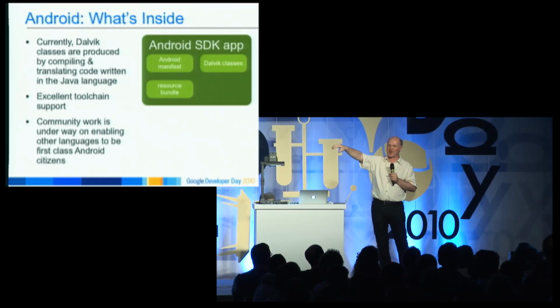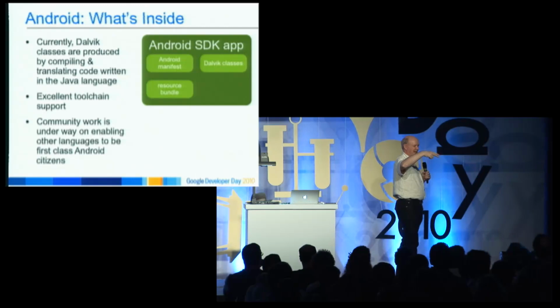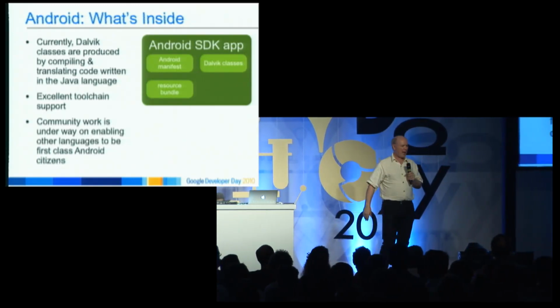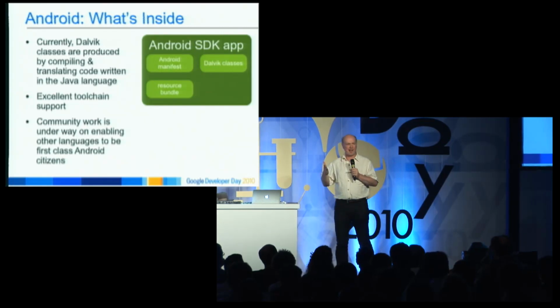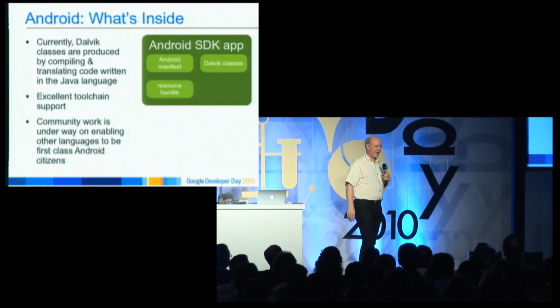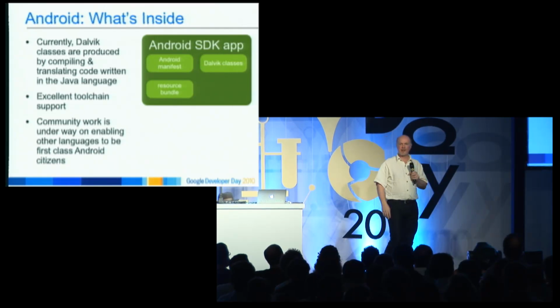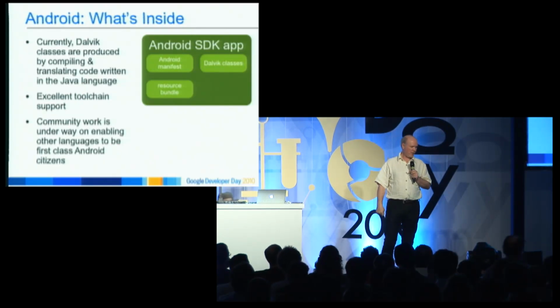It contains all the things the system needs to know in order to run the app, like what permissions it requires, what hardware it accesses, and what the various pieces of the application are. Then you have the actual Dalvik classes, the DEX bytecodes that make up the logic of the application. And you have a bundle of resources: the strings, audio files, video files, images, whatever you want.